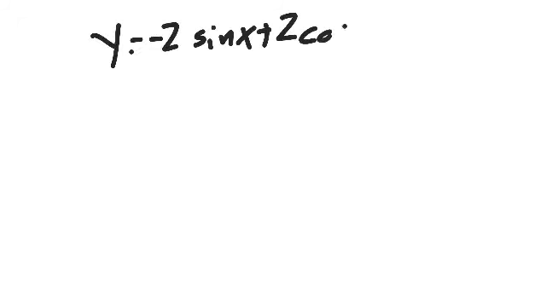So I've got y equals negative 2 times sine of x plus 2 cosine x. And I want this to be in the form a sine of x plus c.